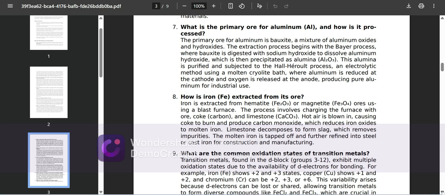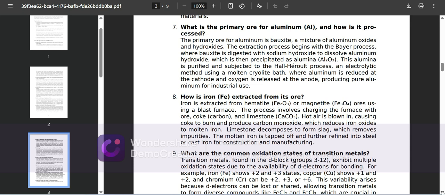This alumina is purified and subjected to the Hall-Héroult process, an electrolytic method using a molten cryolite bath, where aluminum is reduced at the cathode and oxygen is released at the anode, producing pure aluminum for industrial use.